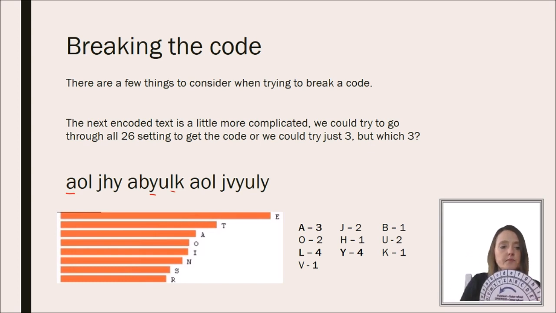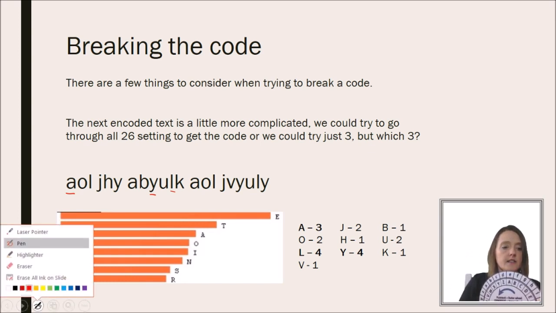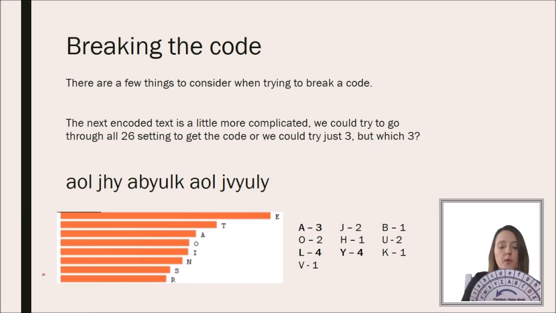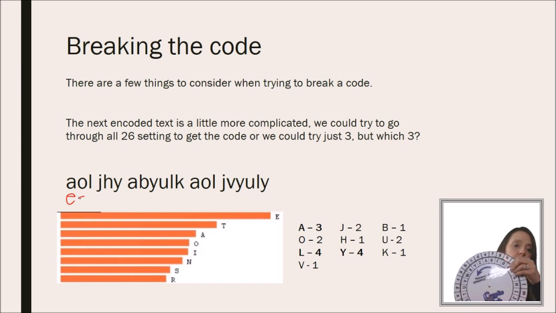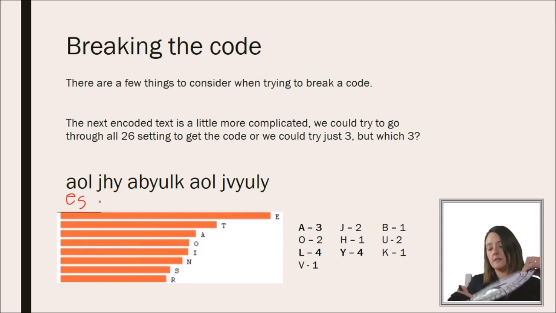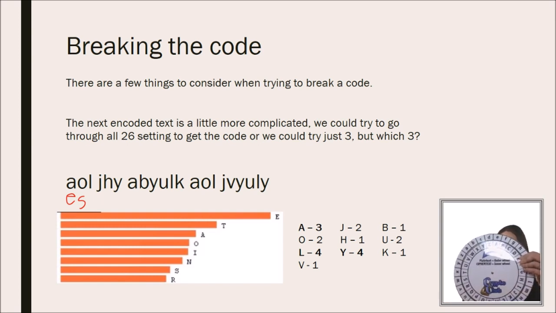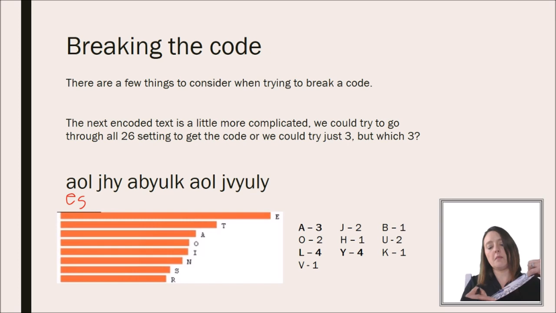Let's just clear this again. Okay. So if we were to say that A represented E, that would make this an E. Which would make O an S, and L, which is down here, it would make L a P. Is it a P?